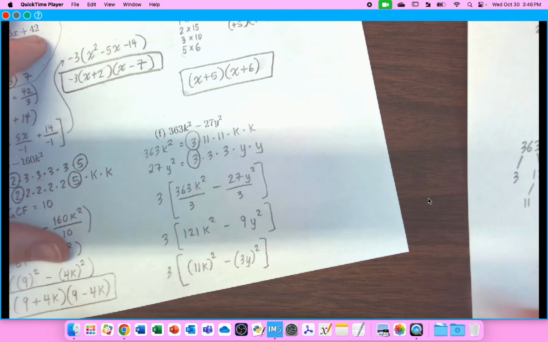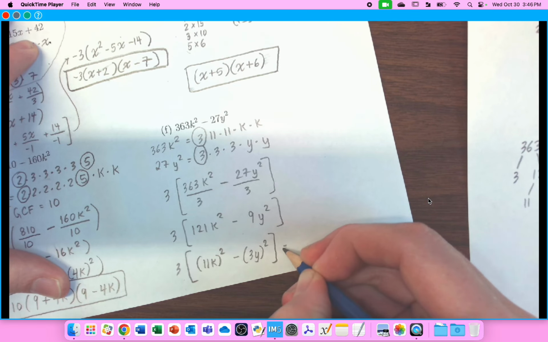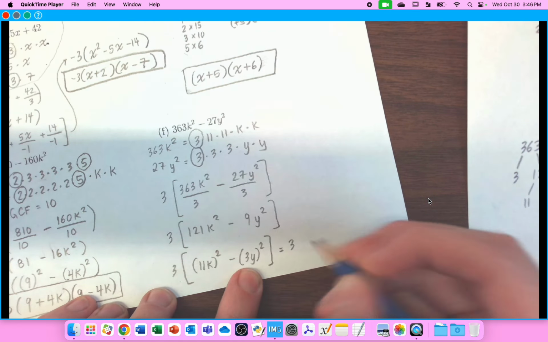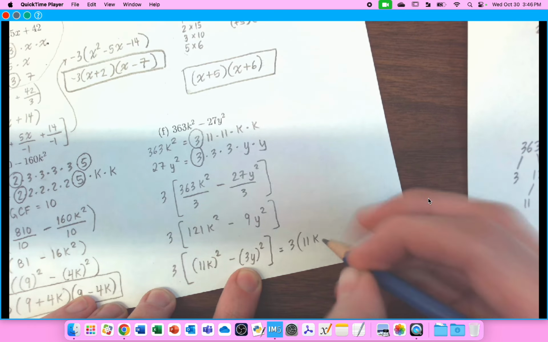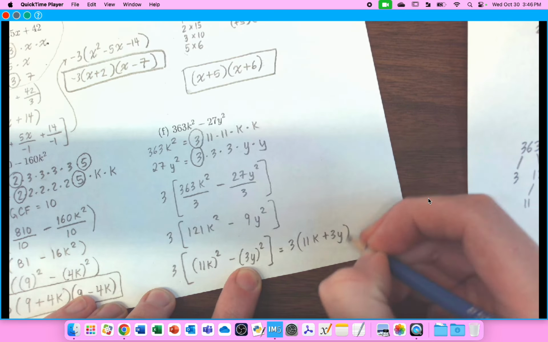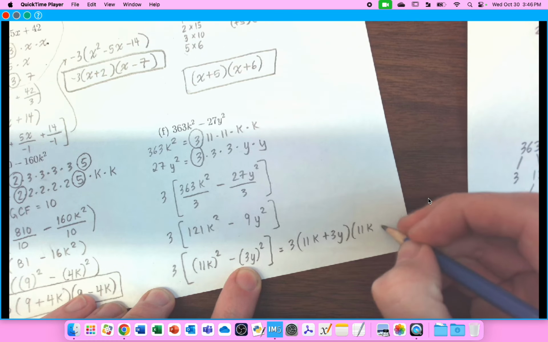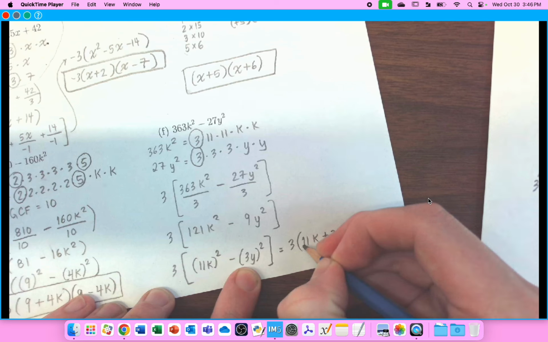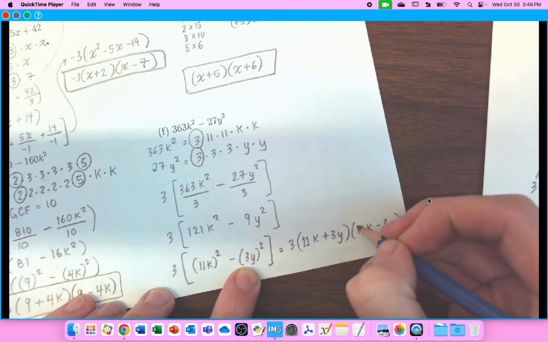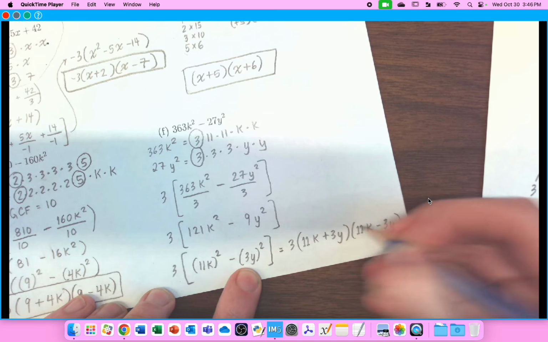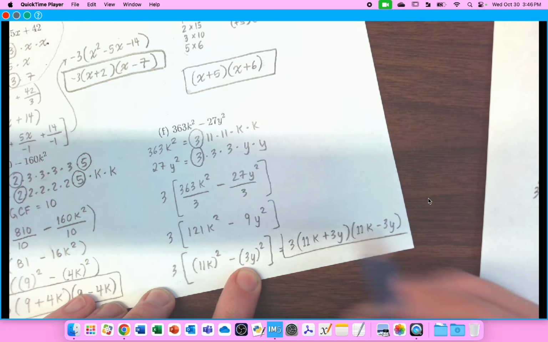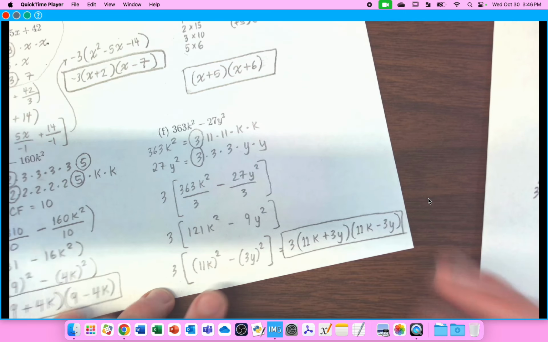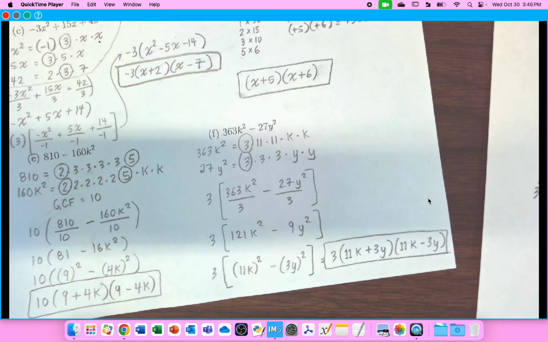So that's a squared minus b squared equals 11k plus 3y, 11k minus 3y. Just make those ones look very clear, hopefully. And that should be that.